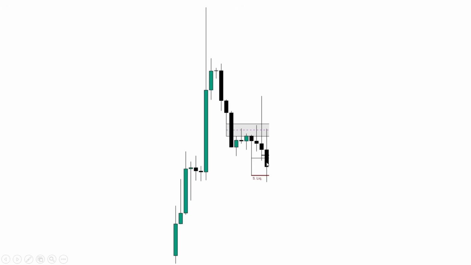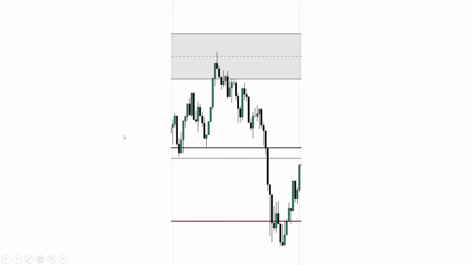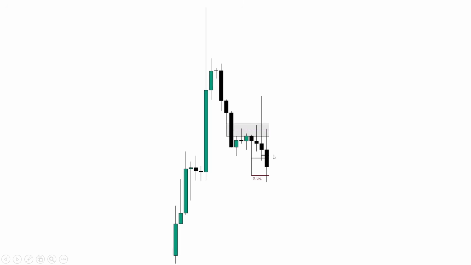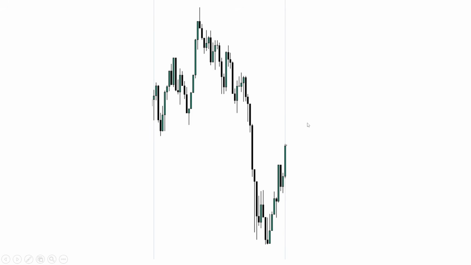All right, here it is, the 3 a.m. candle. Let me go back a little. The 3 a.m. candle opened and just traded down to the sell side liquidity. So this was the entire business for the 3 a.m. candle, but it might not really make a whole lot of sense now. So we need to go to the lower time frame, the 1 minute time frame, and then we see a whole lot.